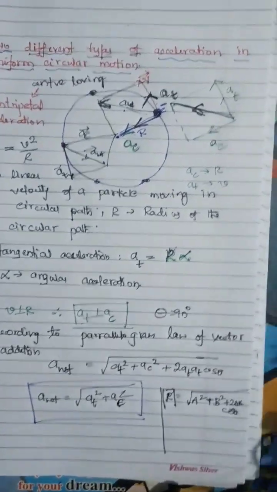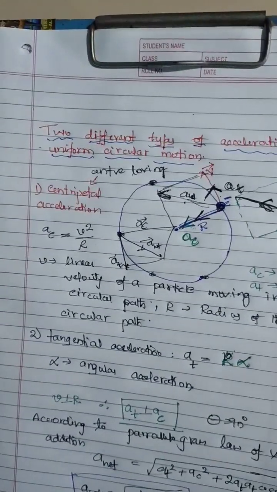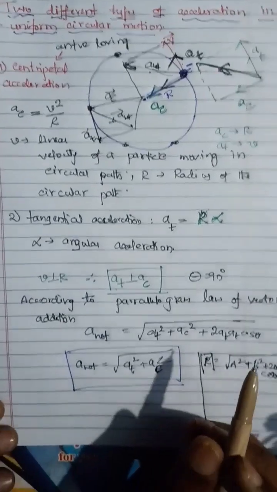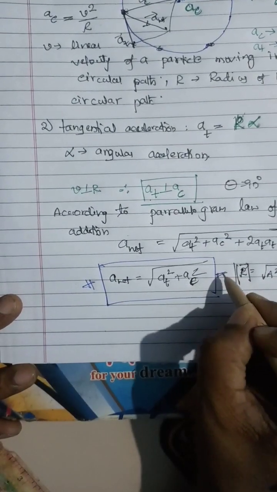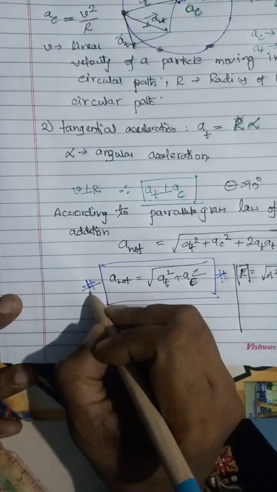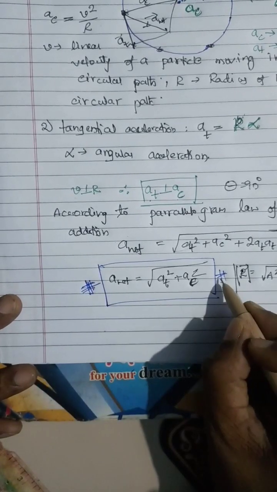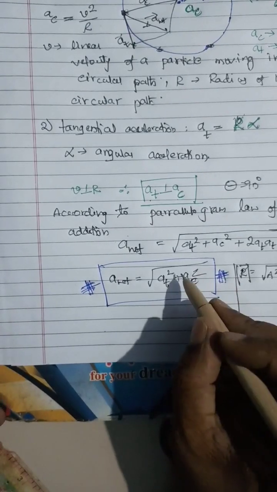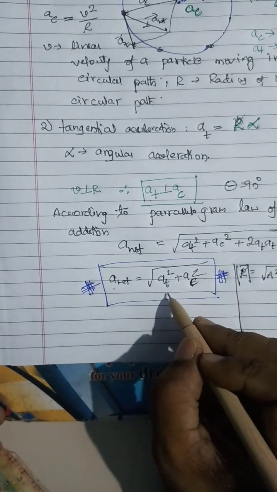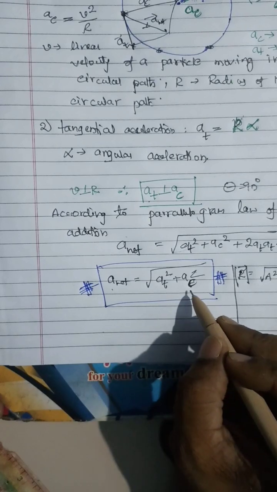So these are the two different types of acceleration. This is a very, very important formula for competitive exams: net acceleration at any point on the circular path of a particle is a net equal to square root of at square plus ac square.